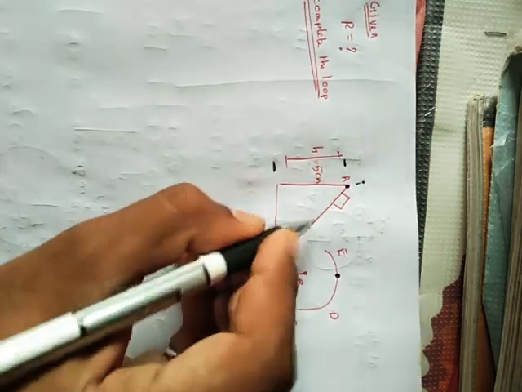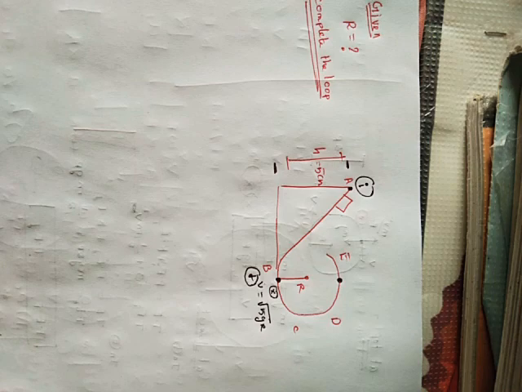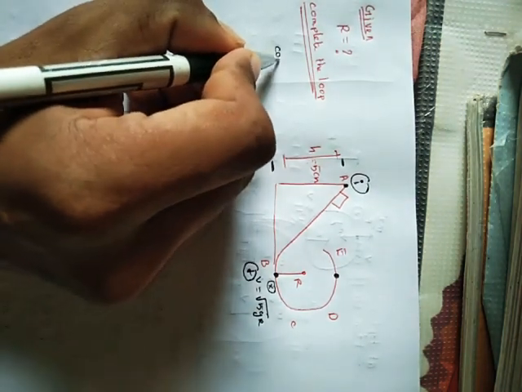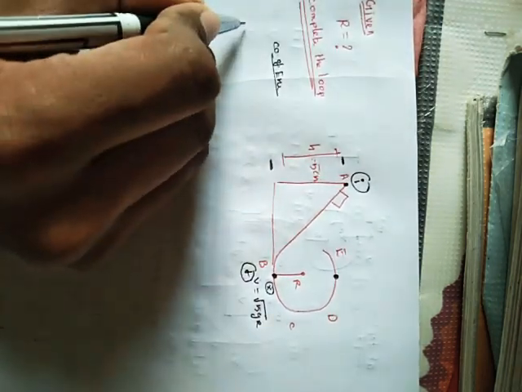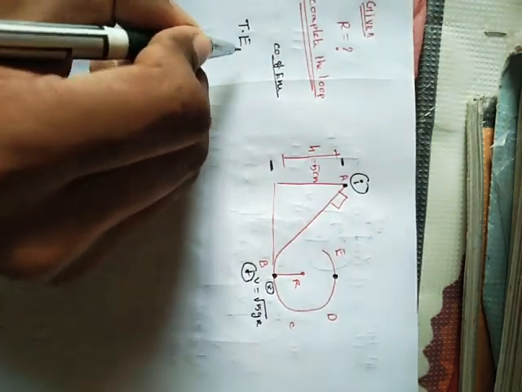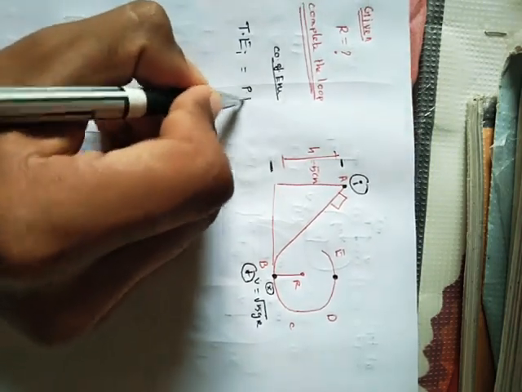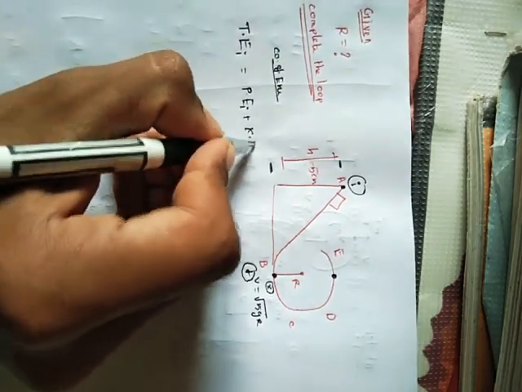Same way, I'm going to apply the conservation of energy logic. By applying conservation of energy, total initial energy is initial potential energy plus initial kinetic energy.